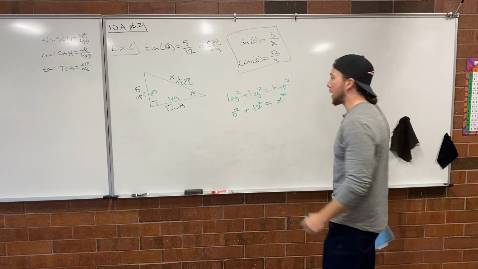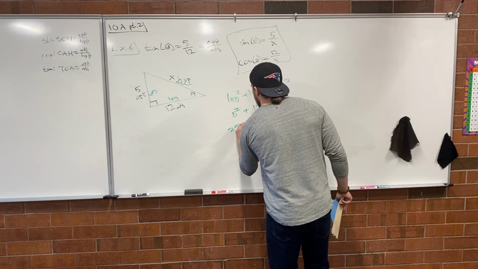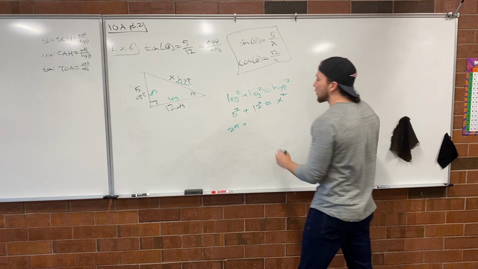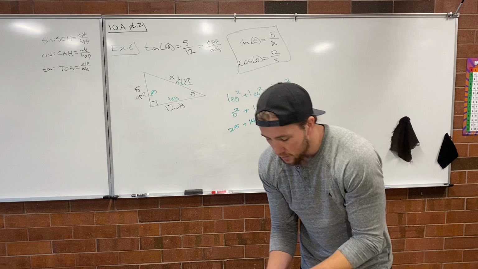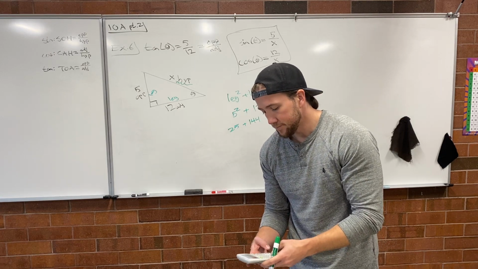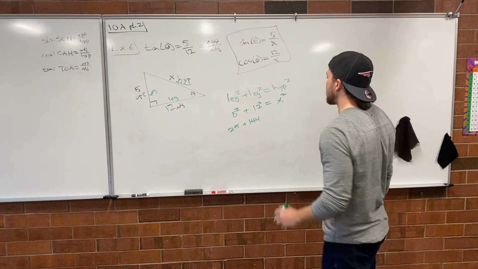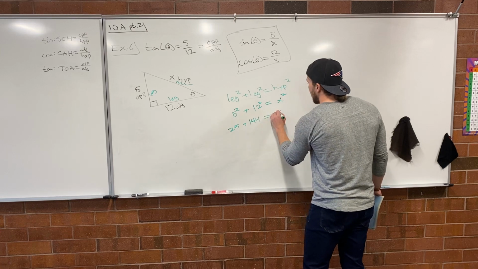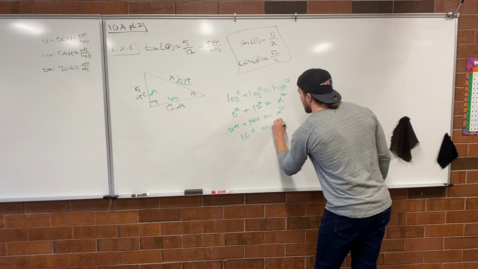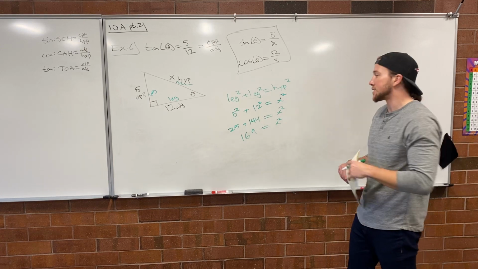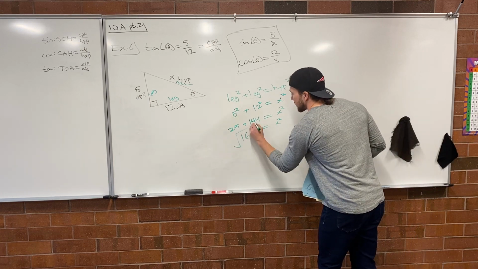Okay, so 5 to the second power is 25. 12 to the second power is 144. So 25 plus 144 is 169, okay? And this is going to be equal to x squared, so this is 169 equals x squared. Now to get x as a variable by itself, I take the square root of both sides.